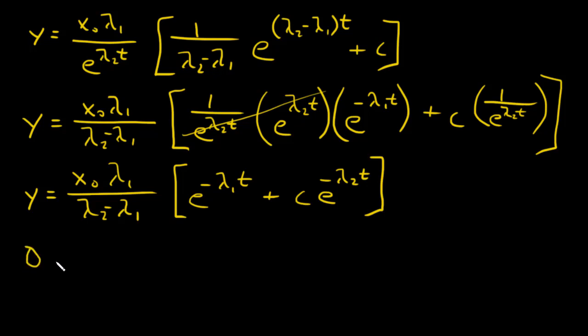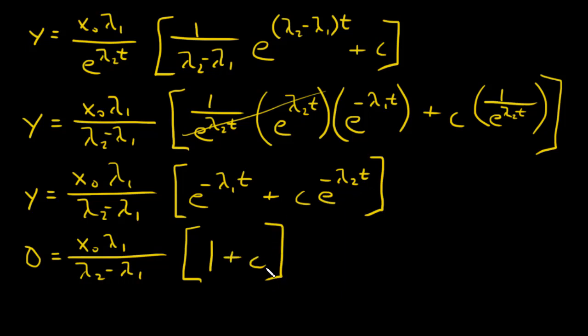So 0 is equal to x naught lambda 1 over lambda 2 minus lambda 1 times, well, this is going to simplify, e to the 0 is going to be 1, so 1 plus c, like that.